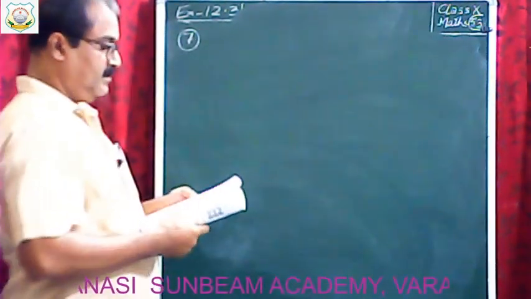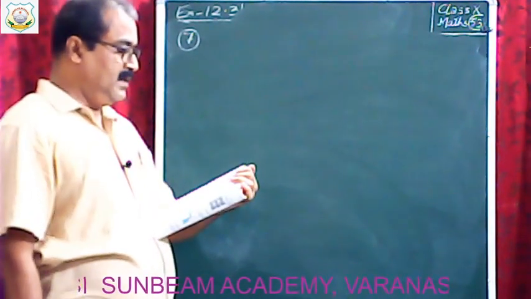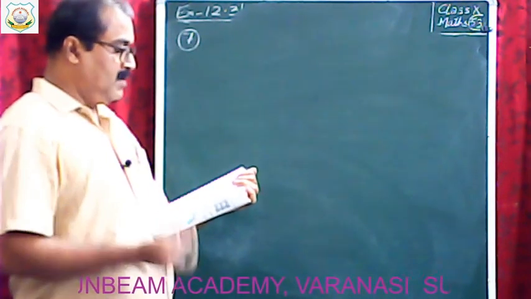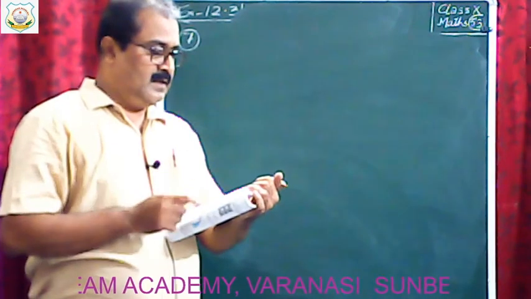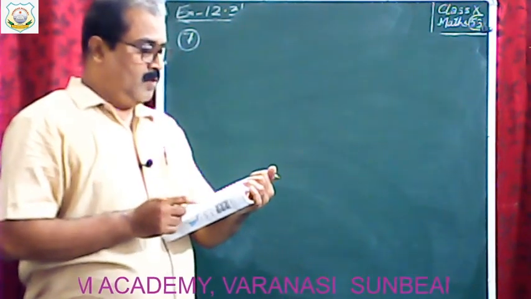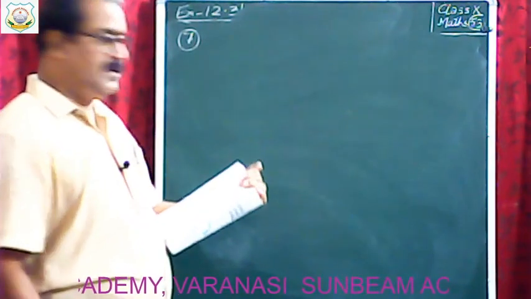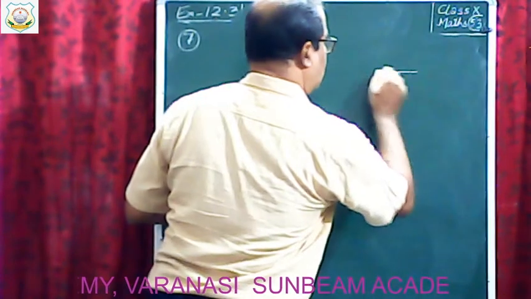Question number 7. In the figure, ABCD is a square of side 14 cm with centers A, B, C and D. 4 circles are drawn such that each circle touches externally 2 of the remaining 3 circles. Find the area of the shaded region. Draw the figure.